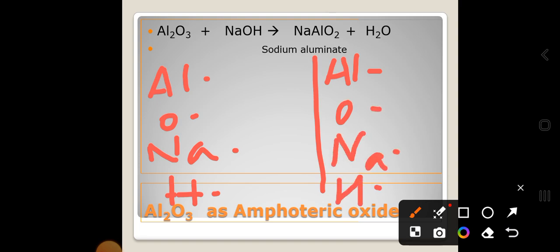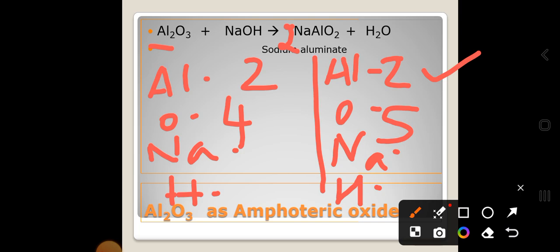Now coming to aluminium, two atoms of aluminium are present on the reactant side, and only one is present on the product side. So if I write 2 NaAlO2, then aluminium is balanced. Now coming to oxygen, students, there are 3 plus 1, 4 atoms of oxygen, and here 2 plus 1, 5. So I'll just keep it for some time.